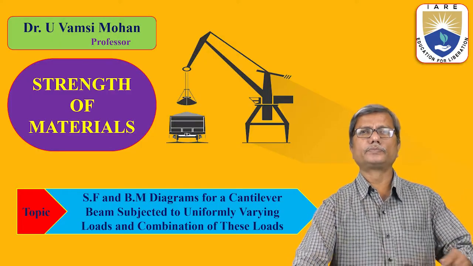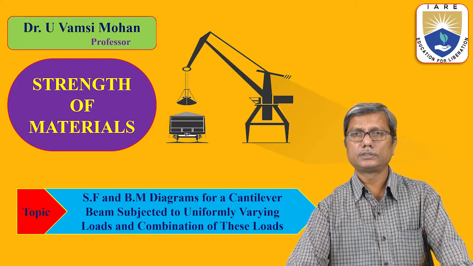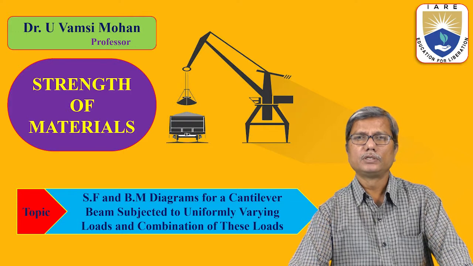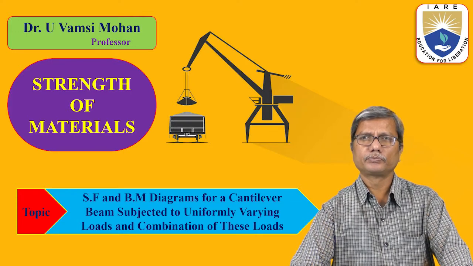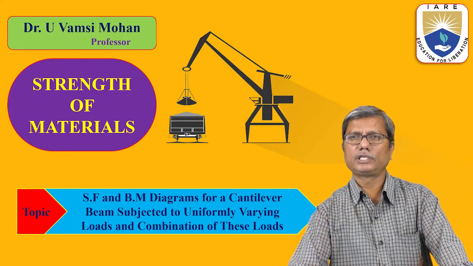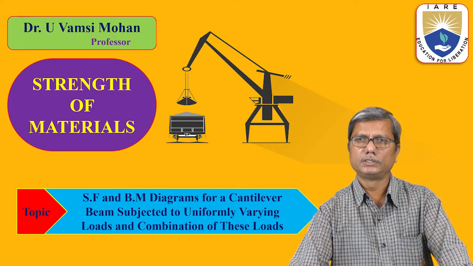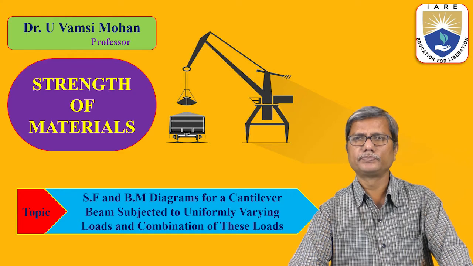In today's session, let us discuss the drawing of shear force and bending moment diagrams for a cantilever beam subjected to uniformly varying loads and a combination of these loads.